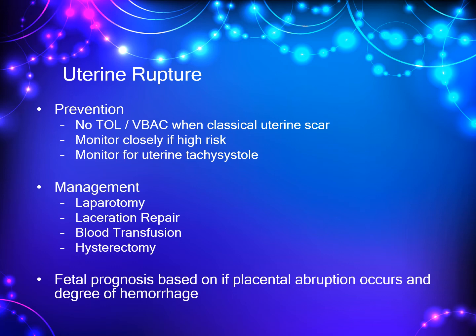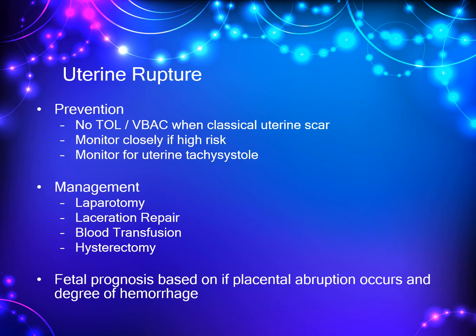So of course the best thing to do is going to be to prevent uterine rupture. To do so, if we have a mom that has had a cesarean section or uterine surgery that has required a classical uterine scar, we will not allow her to go through a trial of labor or to VBAC.